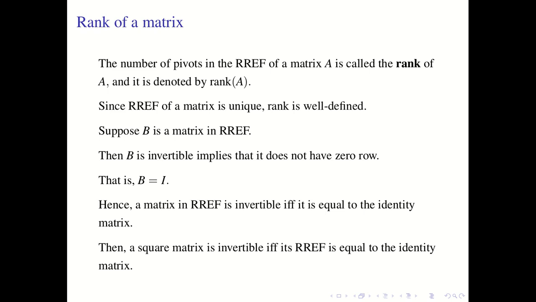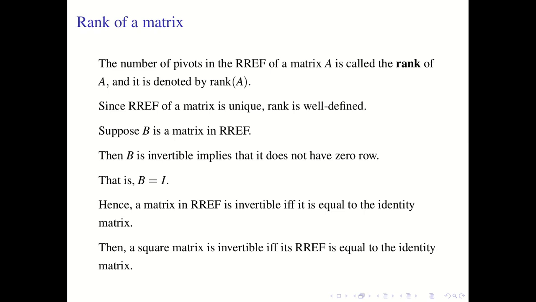So using whatever we proved in the last lecture, we can make this conclusion that a square matrix is invertible if and only if its row reduced echelon form is equal to the identity matrix. You start with a square matrix. This can be brought to the row reduced echelon form by a series of multiplication by elementary matrices.